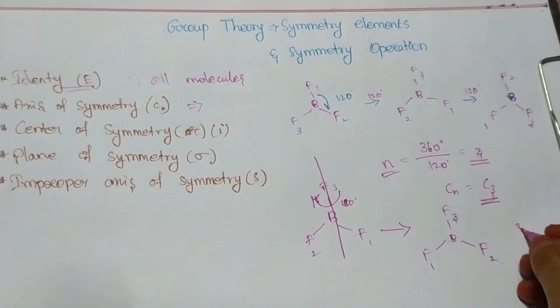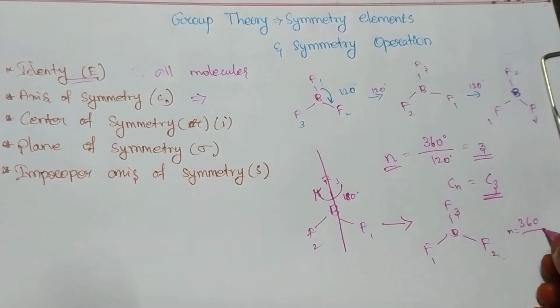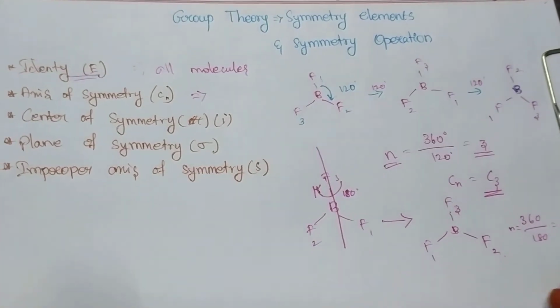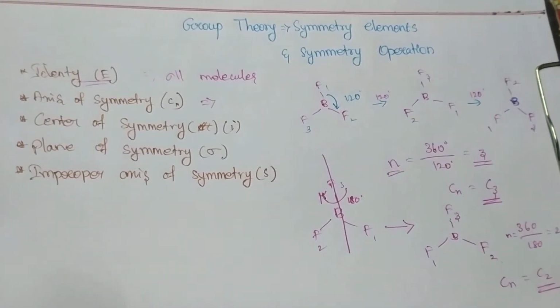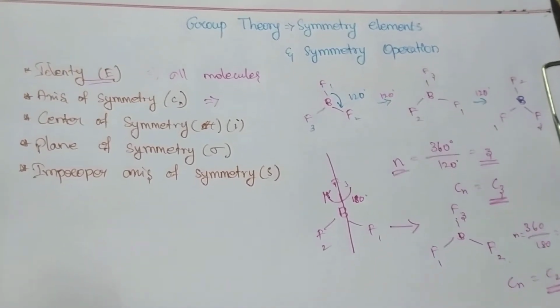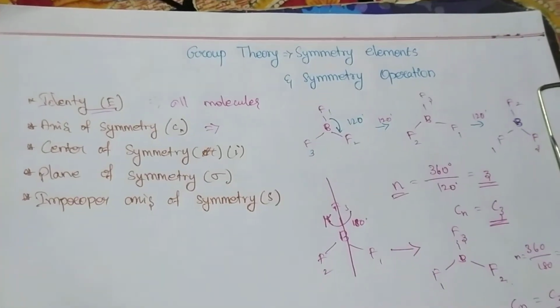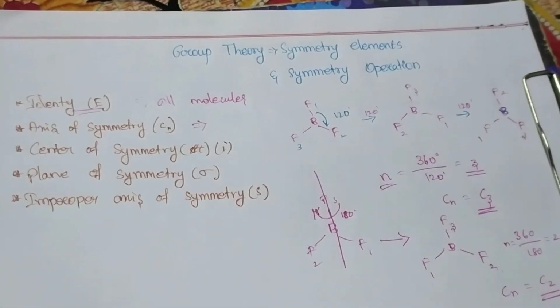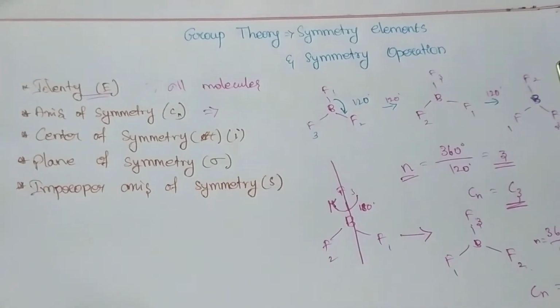Now we calculate the n value. 360 divided by 180 is equal to 2, so Cn will be C2. This is axis of symmetry. This one we also call the principal axis of symmetry.